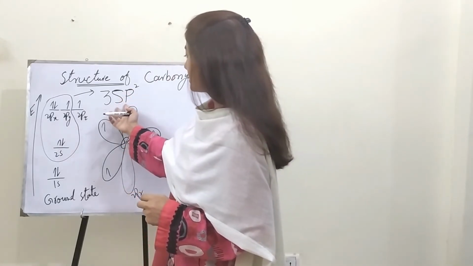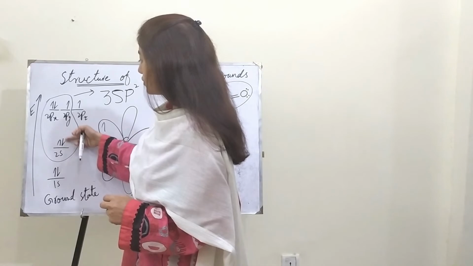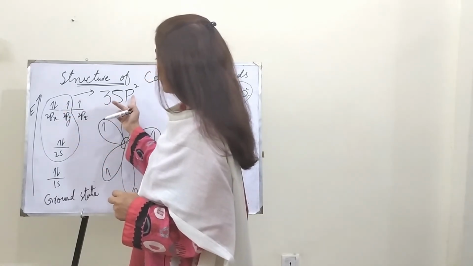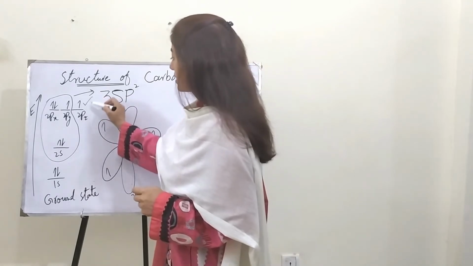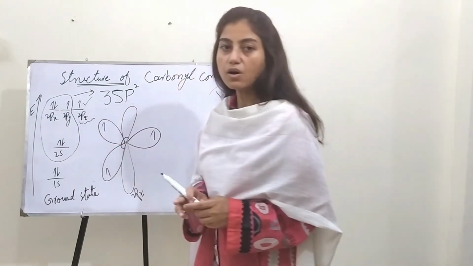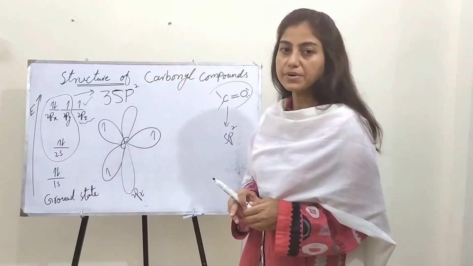Two of these sp2 hybrid orbitals would be completely filled and one of them would have 1 electron, and this 2pz orbital would be unhybridized.